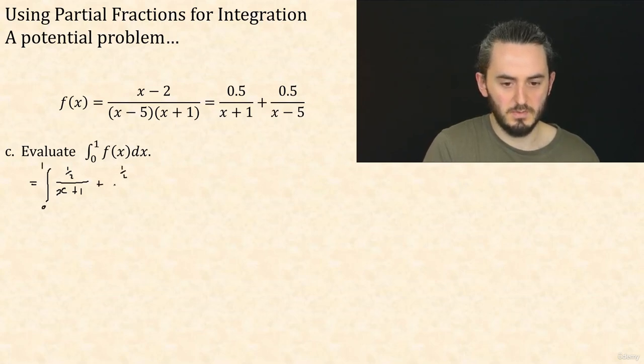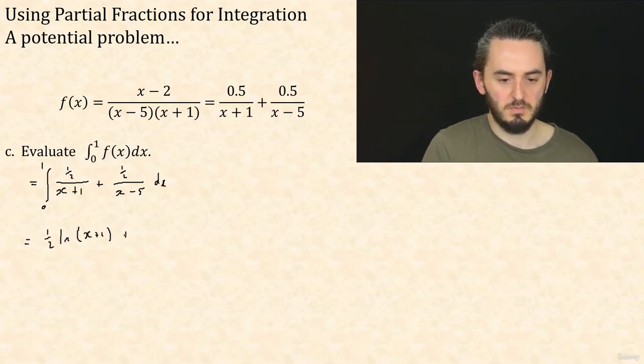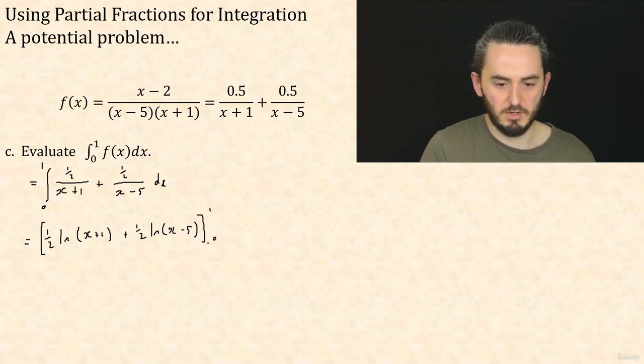Now, you might want to pause this video and see if you can complete it and see if you can spot what seems to be going wrong. All right, so the integral of this is half ln x plus 1 plus half ln x minus 5. And all of this is being evaluated between 1 and 0.